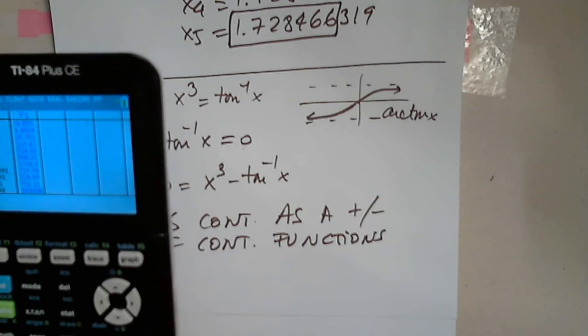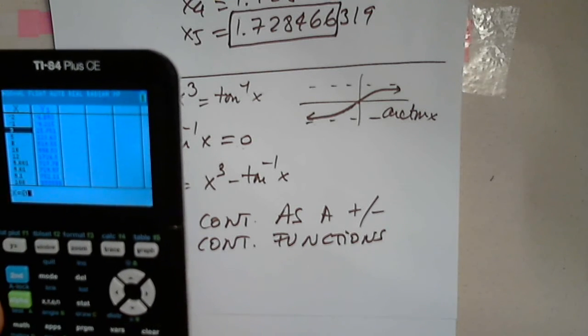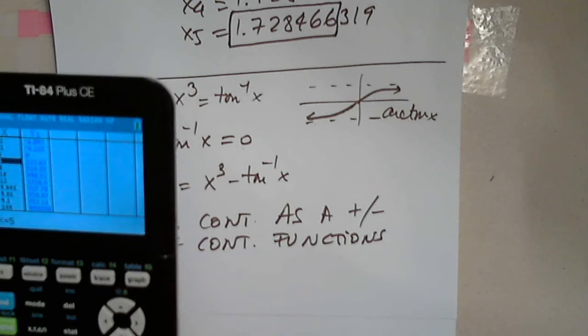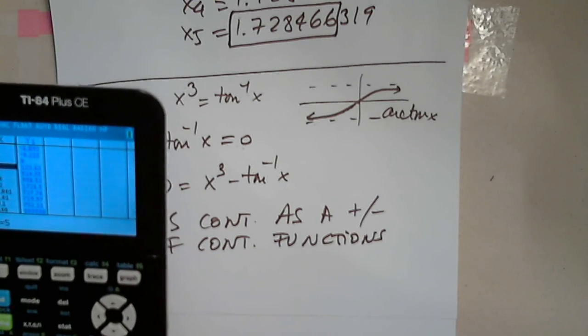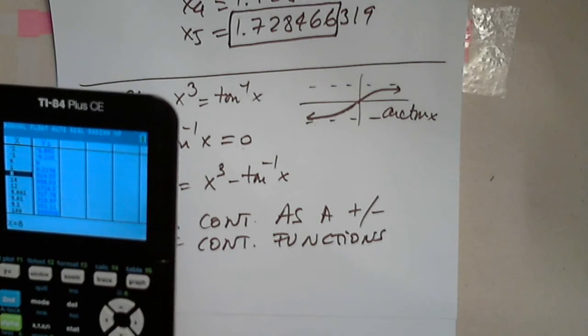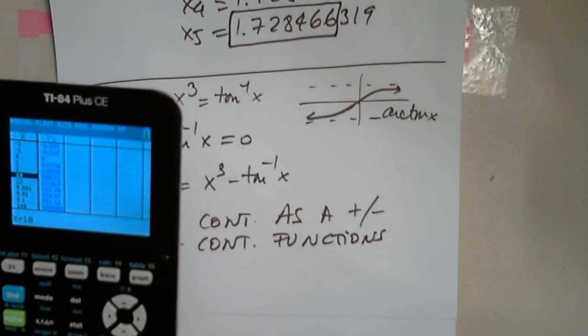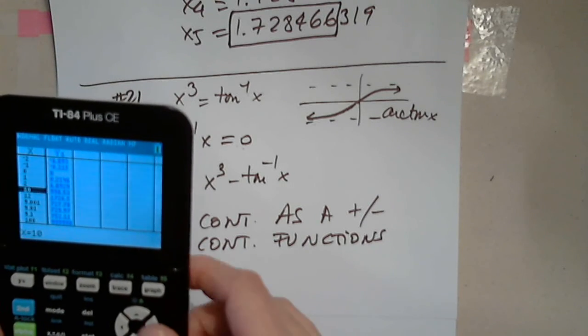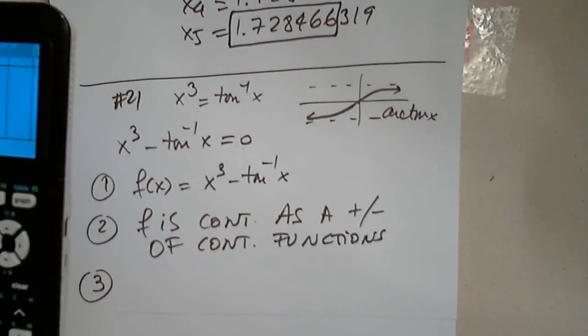So let's say -2, let's say -1, let's say 0. The 0 is 0, so that's one solution. I can look for that. There is nothing I can do with this. So then 1, and then 2. Well, if that's the only solution, I'm in trouble, because I can use Newton's method.